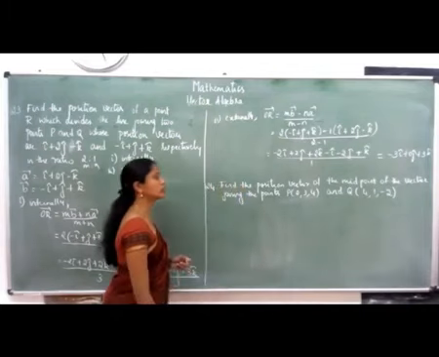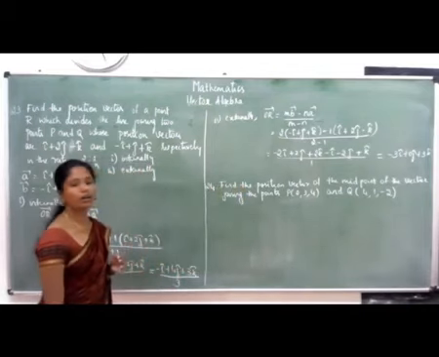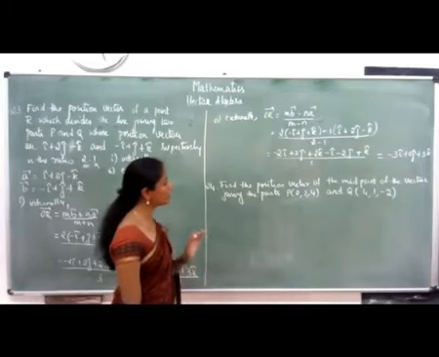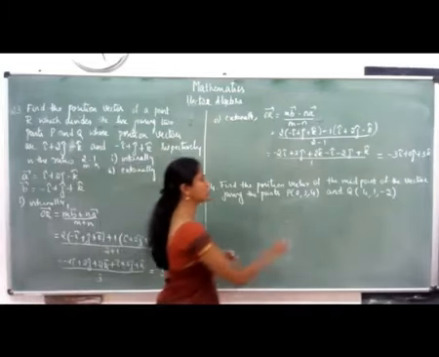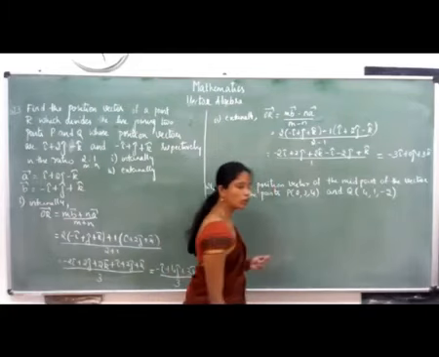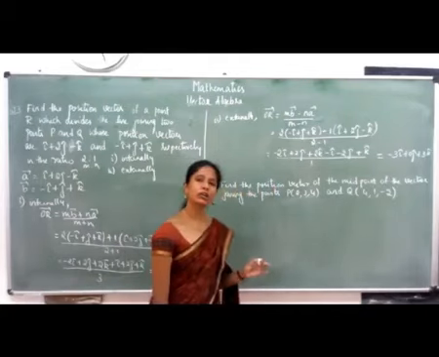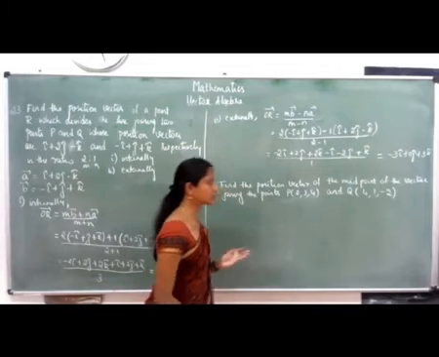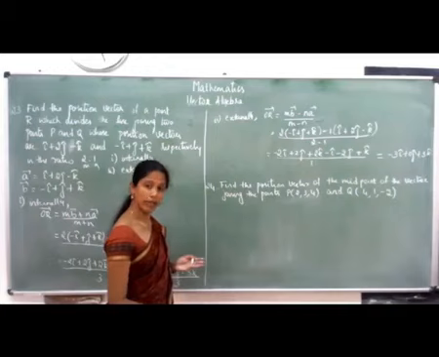So next, moving on to the next problem. Here you need to find the position vector of the midpoint of the vector joining the points P and Q. They are given point P and point Q with their coordinates. First let us write it in the vector form.